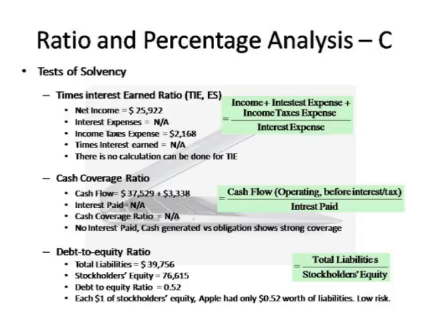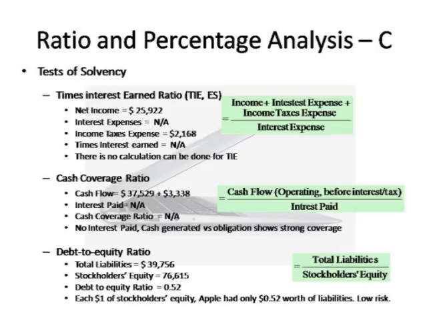For Apple, because there's no interest found on the statement, this ratio is not available. The second one is the cash coverage ratio, which is the operating cash flow divided by interest paid. Again, there's no interest, so this number is not available.